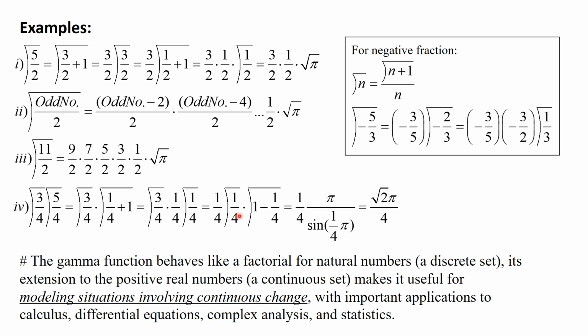Gamma of 3 by 4 is gamma of 1 minus 1 by 4. So we use the terms p and 1 minus p, where p is equal to 1 by 4, and hence the result is 1 by 4 as it is, pi upon sine p pi, where p is equal to 1 by 4. Simplification turns to the actual answer as root 2 pi by 4.